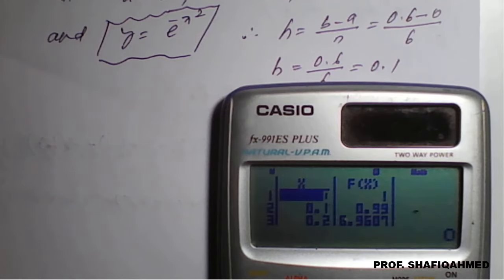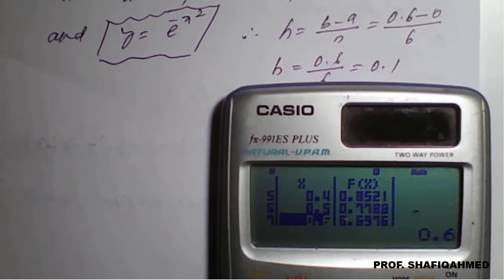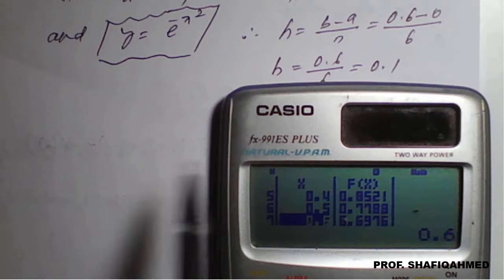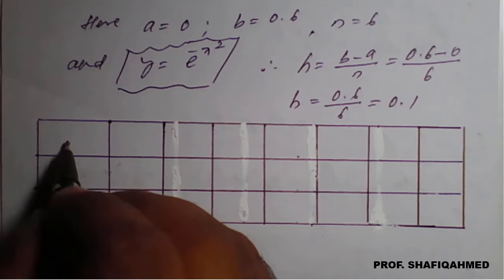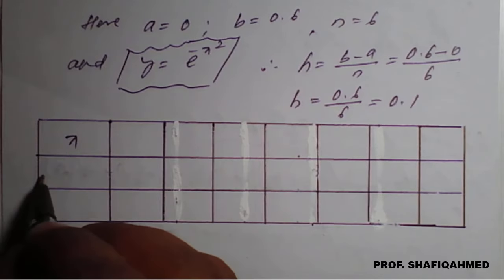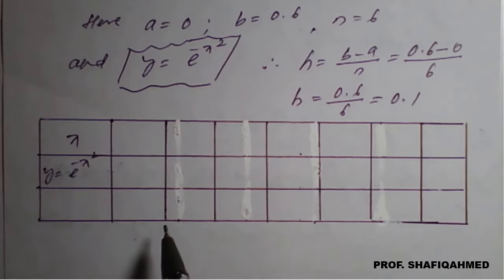Press the equal to sign. You can find here the values 0, 0.1, 0.2, 0.3, 0.4, 0.5, 0.6. If you count, it is a total of 7. We'll prepare a table for this and enter this complete data in the table. X value, and y is equal to e raised to minus x square.